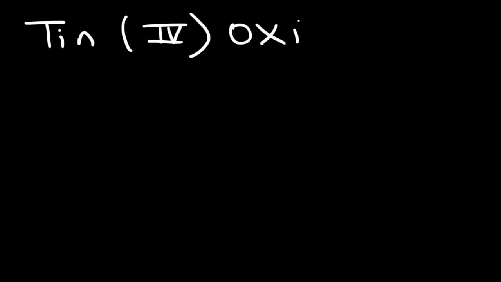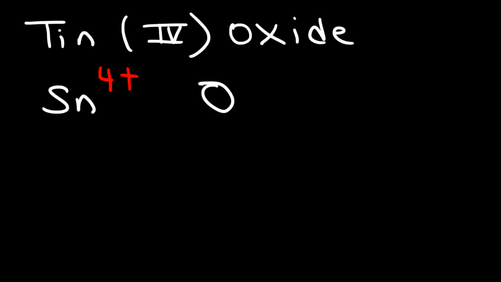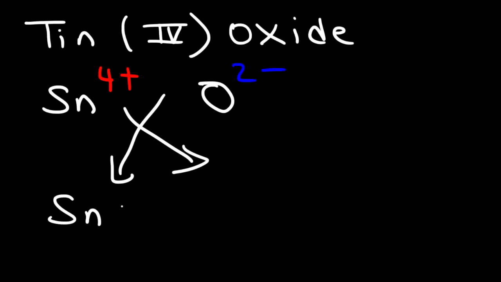Try this one. Tin 4 oxide. Tin is represented by the chemical symbol Sn, and we have a 4 plus charge. Oxide is going to be O2 minus. Now the charges are different, so if we swap them and write them as subscripts, it's going to be Sn2O4.